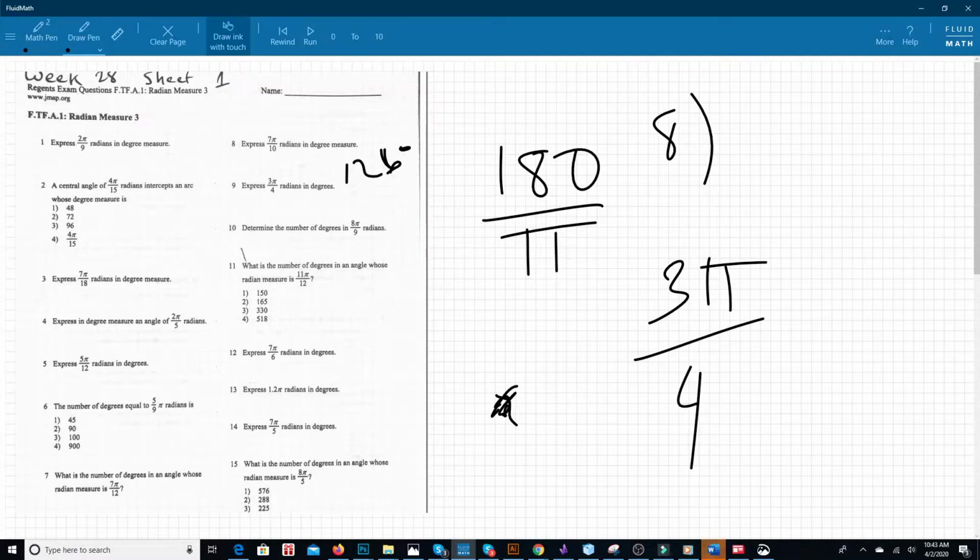Would you divide? Yeah, of course. So what answer do we get? Come on, guys, this is easy. Times 180 over pi, because we're going to need this when we do the full unit circle. You're going to eliminate your pi's. So you have 3 times 180 over 4, which is going to give us what?